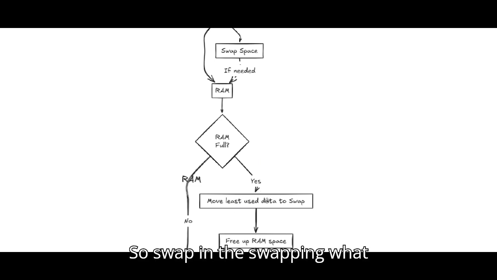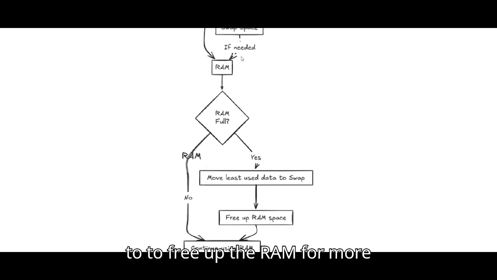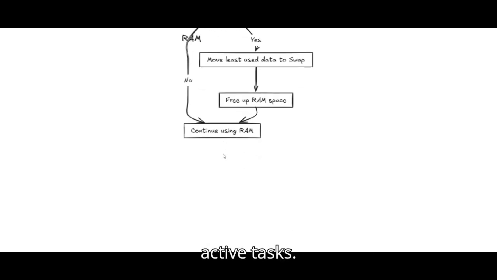In swapping, what happens is the kernel moves less frequently accessed data from RAM to swap space on the disk to free up RAM for more active tasks.